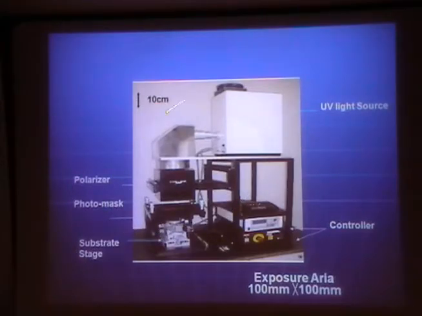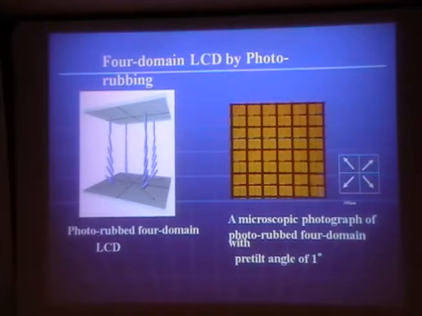So basically, this is very similar to a mask aligner that is useful for the photolithography process. So anywhere you have a mask aligner, you can do this photoalignment process.